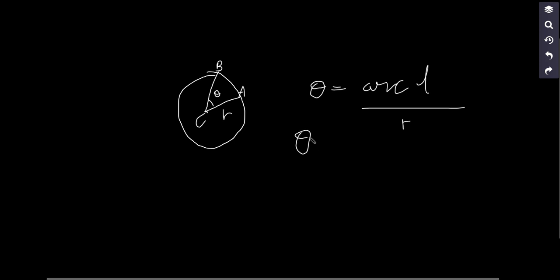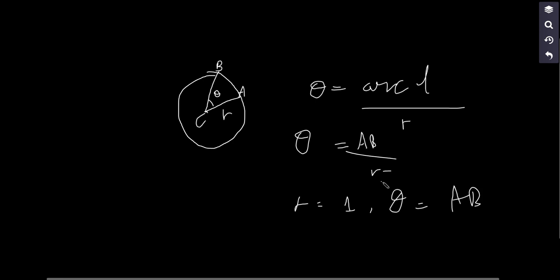So let's say theta is equal to AB by r. Now let's say if r is 1, then theta is equal to AB, like this, if this is 1.